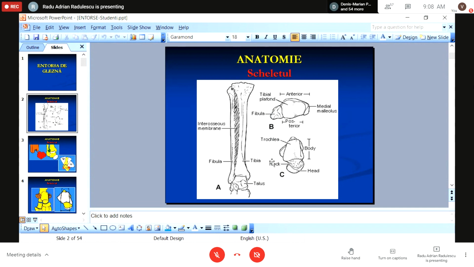So the functionality of these two small tibiofibular joints is very important, because otherwise, if they are fixed, then when the person will try to put his foot in flexion, the ankle will become unstable.